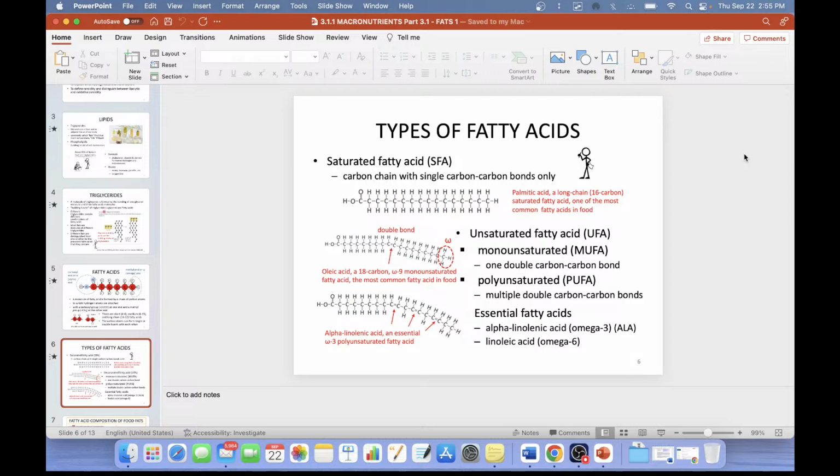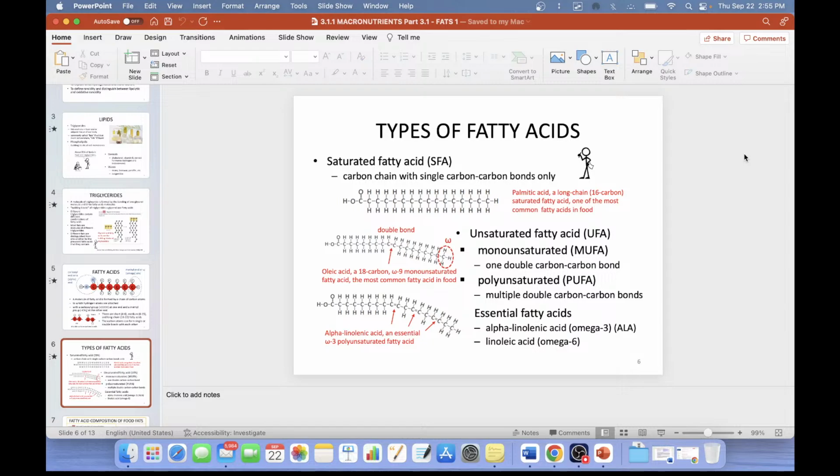Both omega-3s and omega-6s are considered to be essential nutrients. And the most important, or the one that the body needs most, is the alpha-linolenic acid, or ALA.